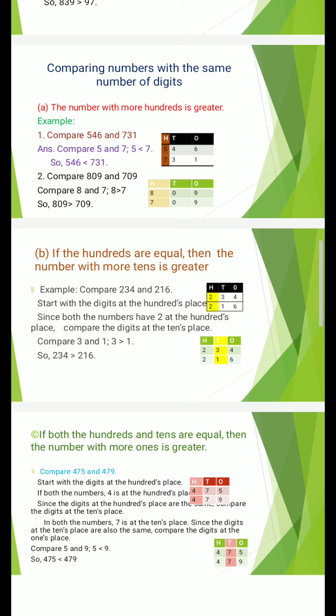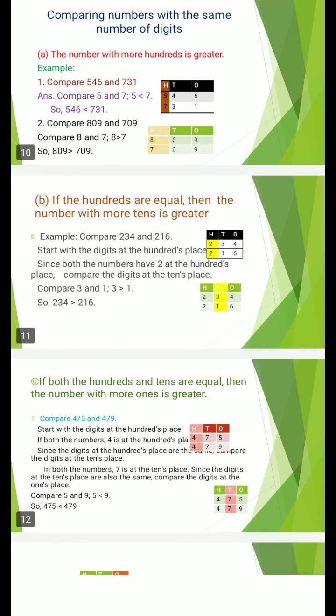In this case, both the numbers have hundreds place digit 2. So we compare the digits on the tens place. Digits on the tens place are 3 and 1. 3 is greater than 1. So we get 234 is greater than 216.